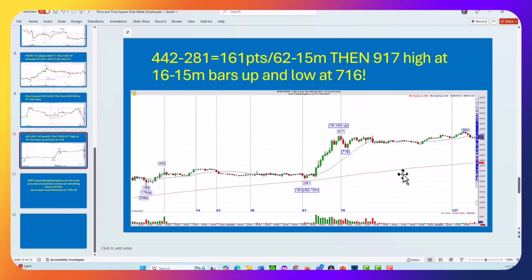This is back to the Dow futures. Okay, we have a difference of 442, 281. It's 161 points, and it's 62 15-minute bars. Okay, but the reason why I'm really interested in this is because the high is at 917, and notice that it's roughly 16, 15-minute bars up, and then it drops really quick and continues.